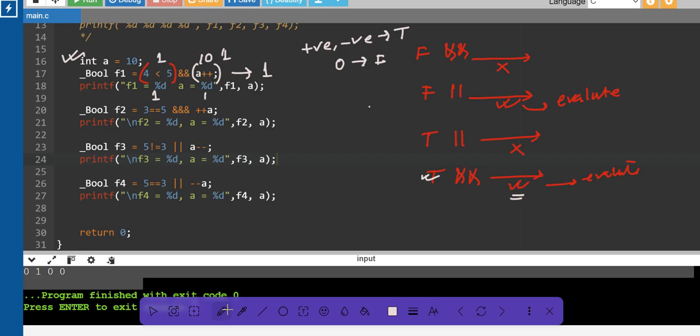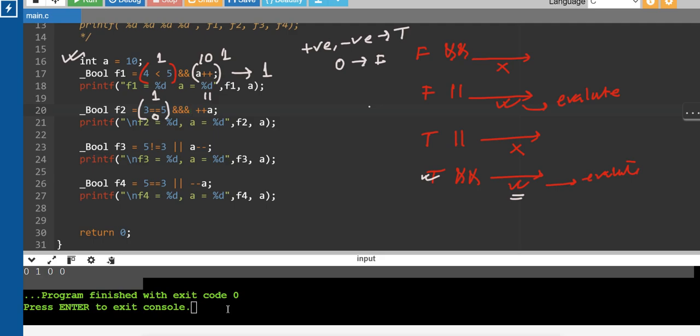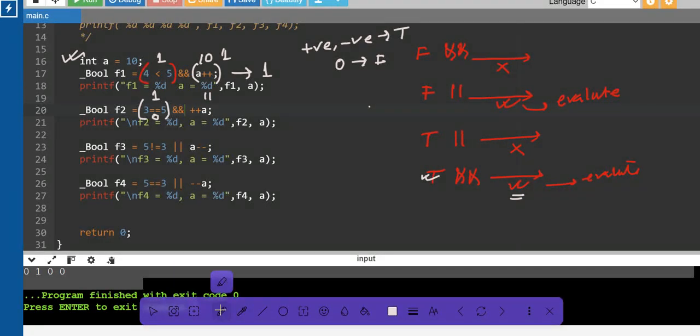Okay, let's move to the next part. For F2, we have written 3 equal to 5. So is 3 equal to 5 true or false? It is false. That is 0. And okay, some mistake in the code. Yes, now it is correct. And it is logical AND operator and my first operand is already false.